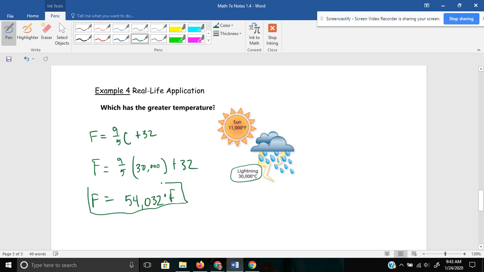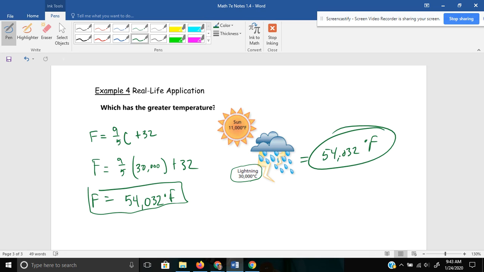Wow, that is impressive. So lightning is the same as 54,032 degrees Fahrenheit, which has a greater temperature. Lightning does, by almost 5 times. You hear people getting struck by lightning and surviving it, so that's pretty crazy.